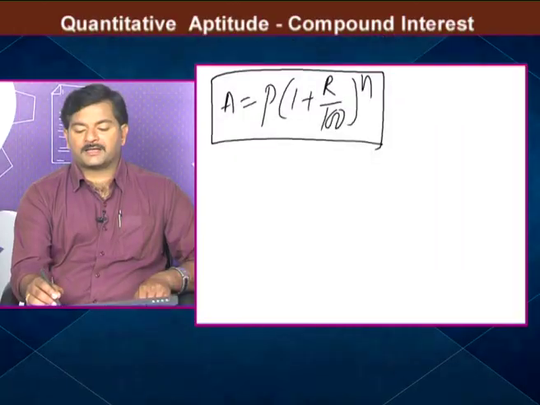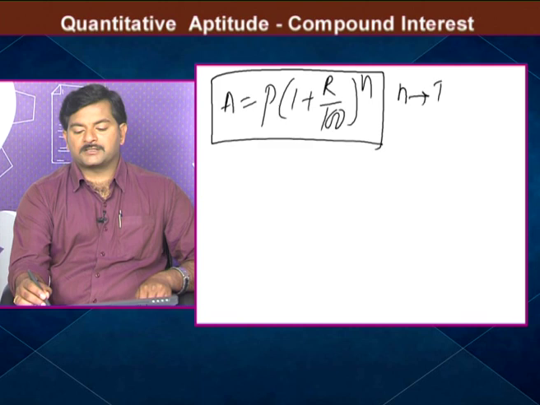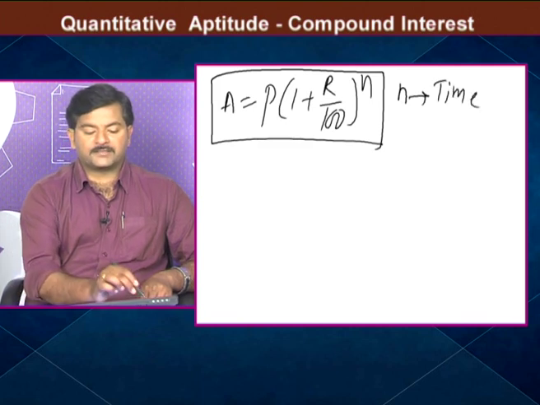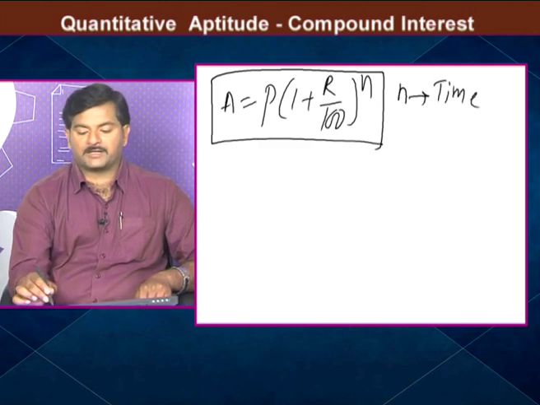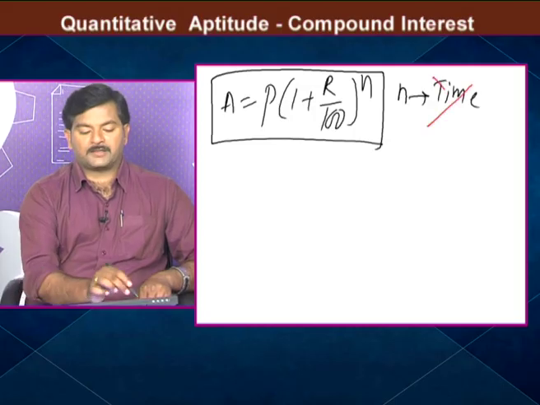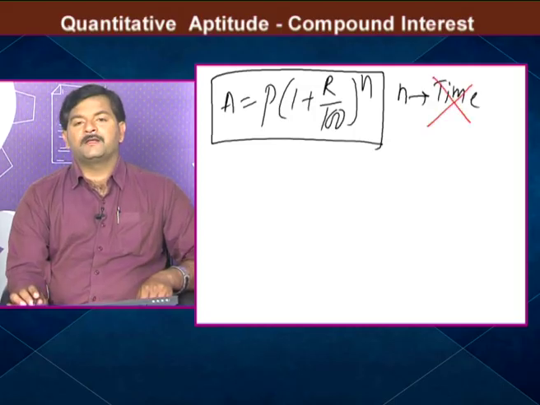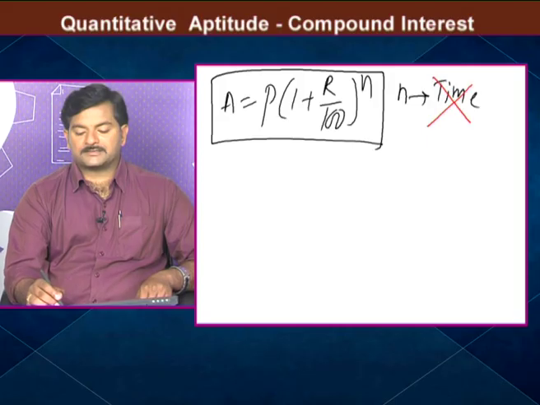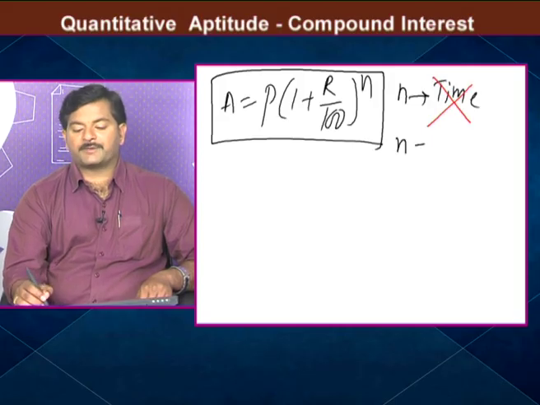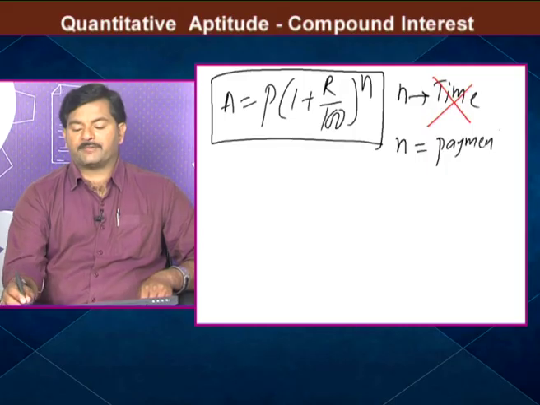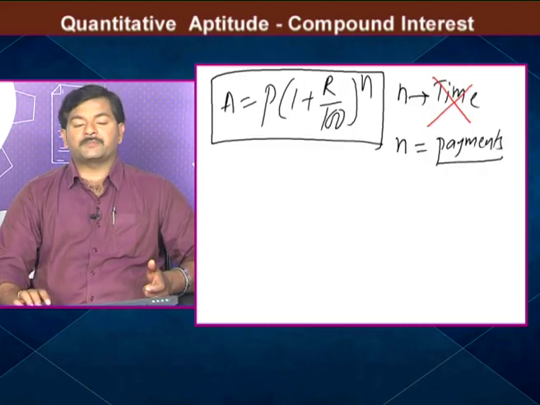Remember here n is not time. Usually everybody will think that n means time, but remember n is not time. Here n is nothing but the number of periodic payments. What does it mean?